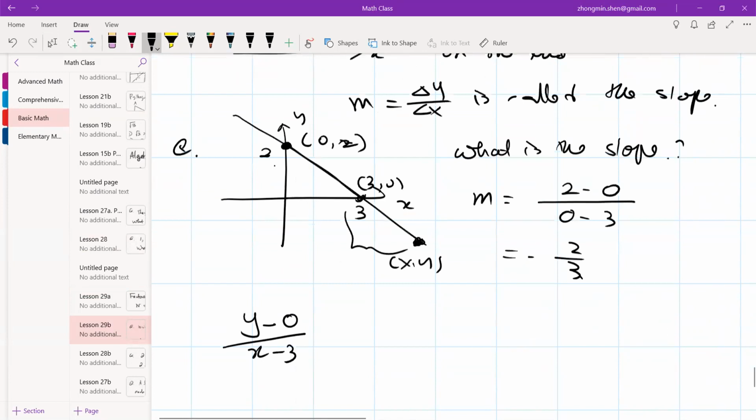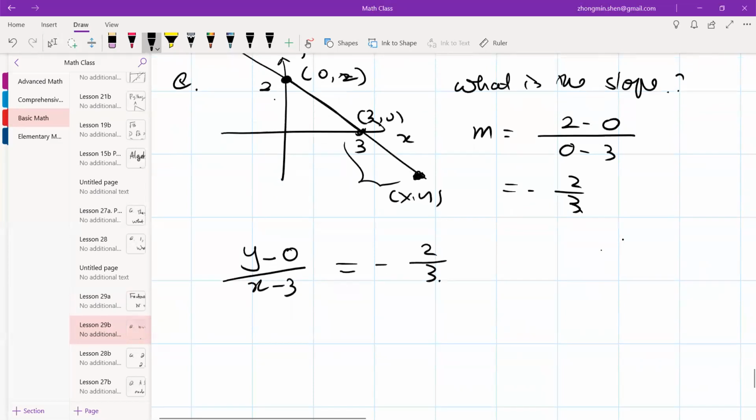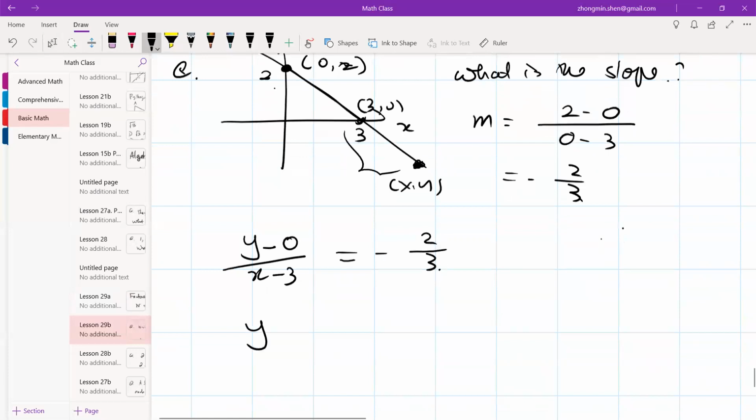That's the ratio. So this is going to be the slope, -2/3. For an arbitrary point, you work with these two points and use these two pairs of points. Then you can also calculate the slope, and they must be equal. It doesn't matter which pair of points you choose.